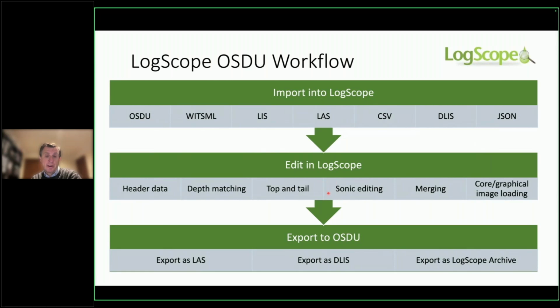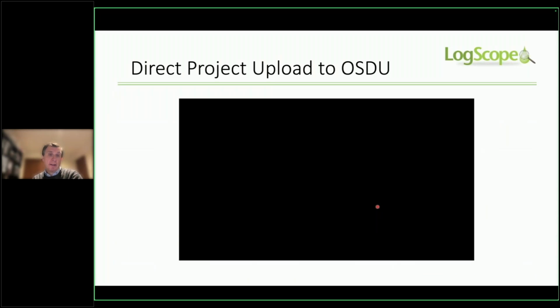You'll do all this editing, and then you can export the data to the OSDU with either LAS or DLIS, like so. And to give you an idea of how that's done, I'm just going to show you the direct project upload to the OSDU in this next slide.